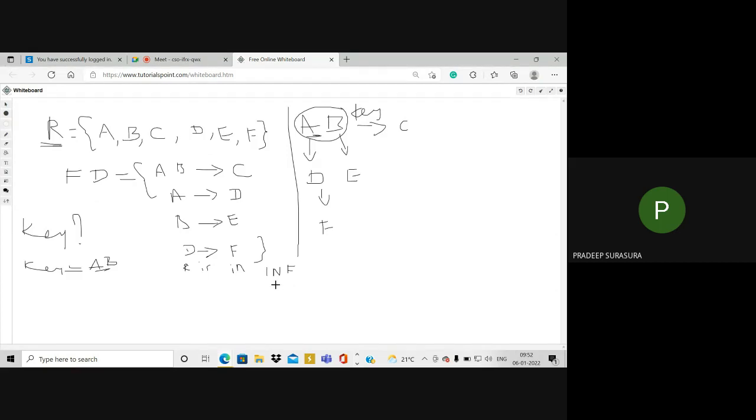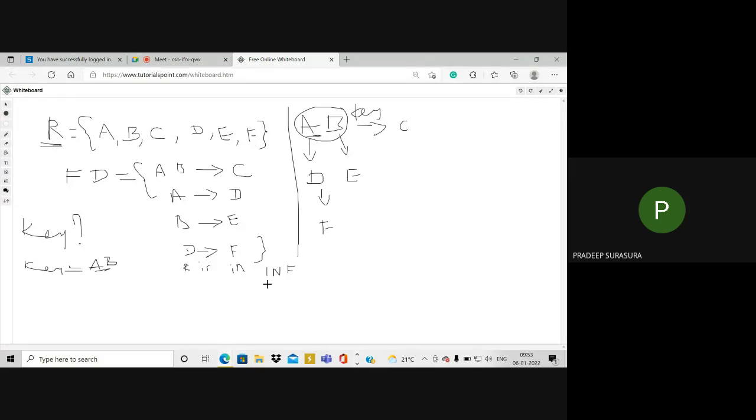R is said to be in 2NF if it satisfies 1NF, and no non-prime attribute is partially dependent on the primary key. This is the one definition.